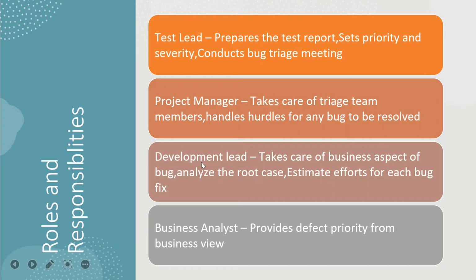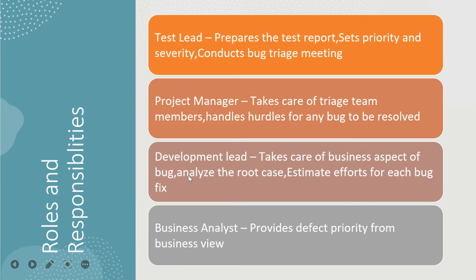The development lead is the main person. He'll represent the development team. He'll take care of the business aspect of the bug, and he will analyze why this bug has come. Imagine I have already raised a bug and it is fixed, and again the bug is coming up.